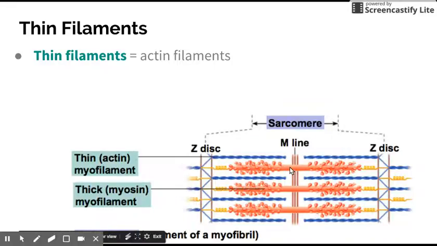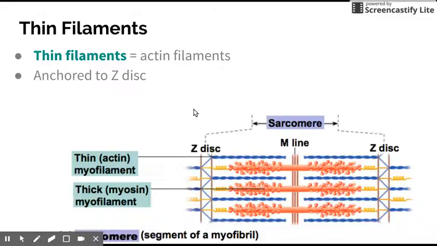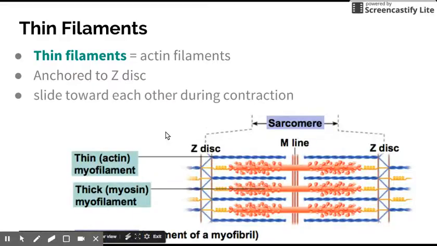So our thick ones are made of myosin, our thin ones are made of actin. So we have these actin and myosin proteins working together to contract muscles. These are anchored to the Z disc, and they slide towards each other during contraction. This thin filament and this thin filament will slide towards each other, towards the M line during contraction.